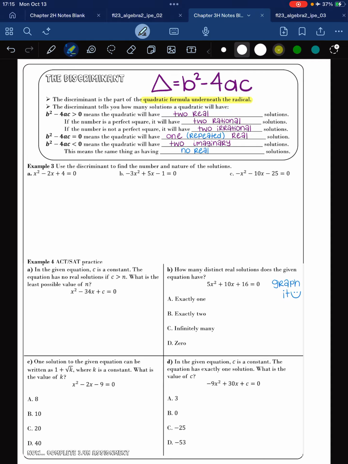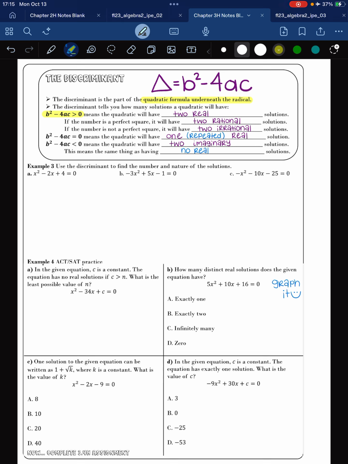Knowing what that part is, because it's underneath the square root, tells me a lot about my answers. So if that part underneath the radical is positive, or greater than 0, I know for sure I'm going to have 2 real solutions, because taking the square root of a positive number definitely ends up a real number.